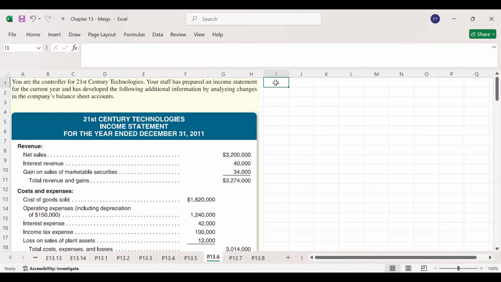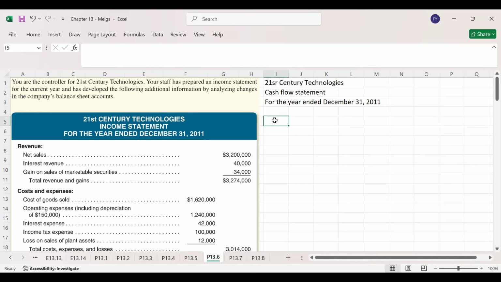So first of all, the name of the company is here. This is 21st Century Technologies, cash flow statement for the year ended December 31st, 2011.